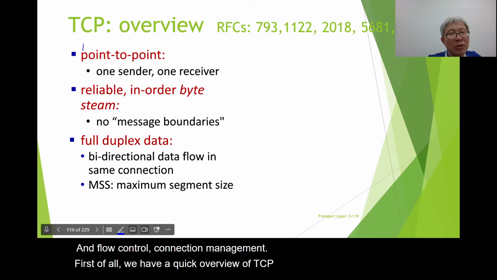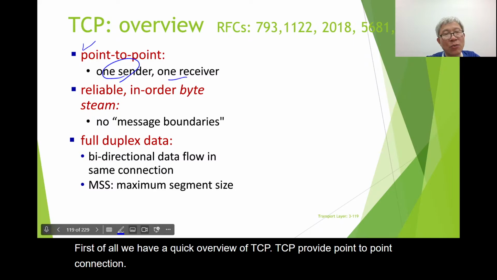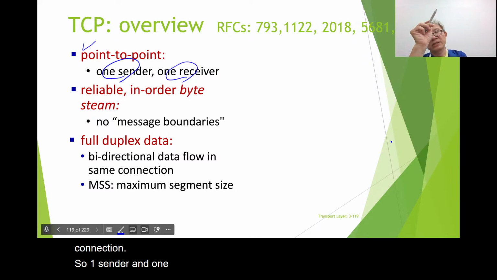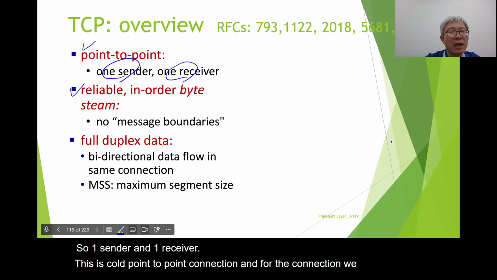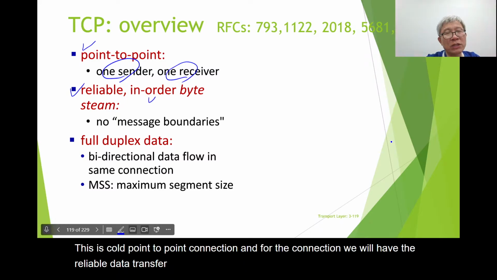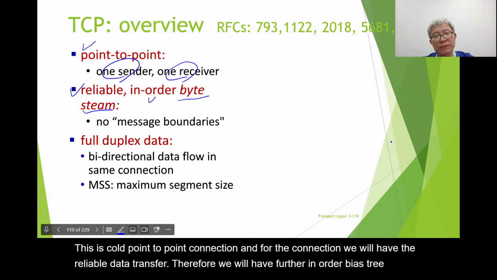TCP provides a point-to-point connection, so one sender and one receiver. This is called a point-to-point connection. And for the connection, we will have reliable data transfer. Therefore, we will have in-order byte-stream transmission.